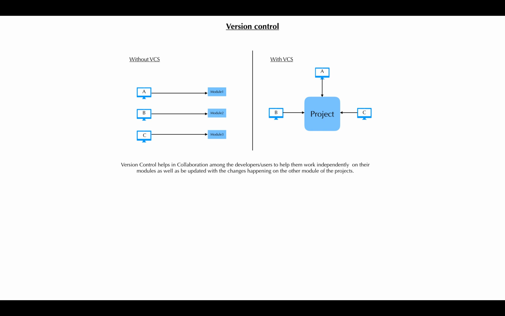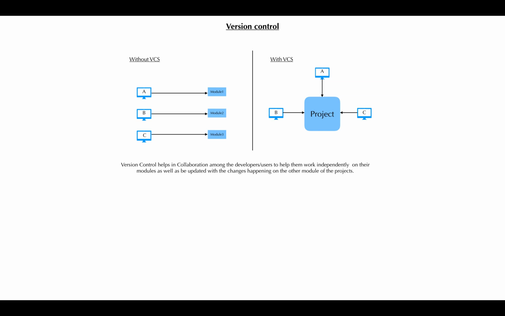So developer B is changing something, and that will be reflected when B pushes their changes to the main storage place where all the source code already is. When B pushes their changes, A can get an update from that place and continue his work on that module. In that way version control helps in collaboration. This is one of the biggest features of version control: a collaborative environment.